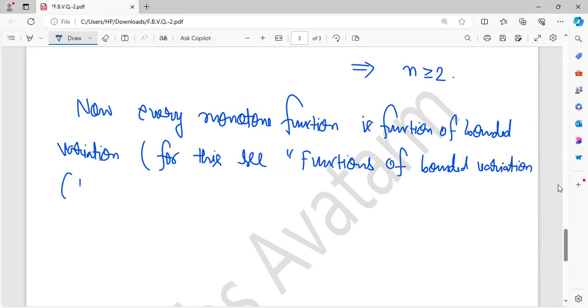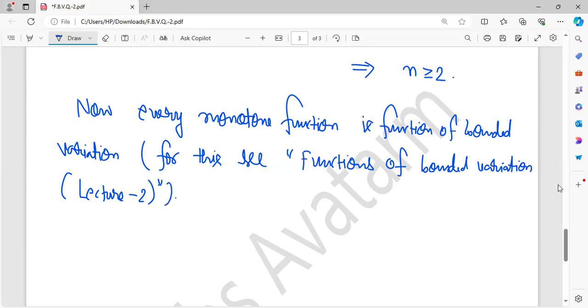You see the playlist on functions of bounded variation, and you will find lecture 2 on functions of bounded variation. You can see that every monotone function is a function of bounded variation. You can find its proof there.